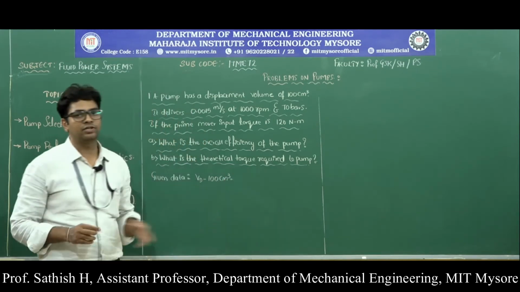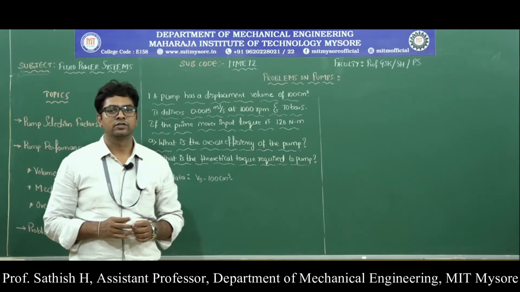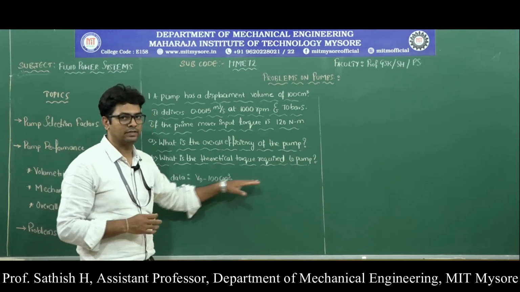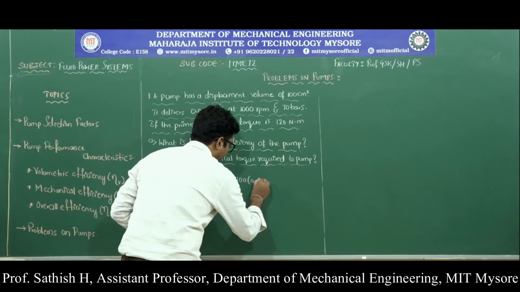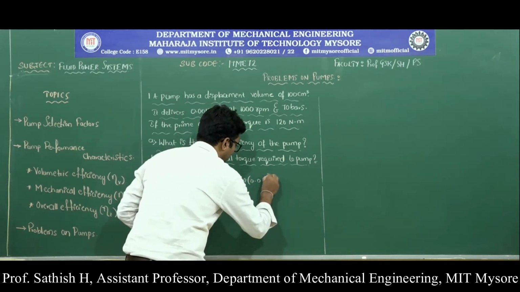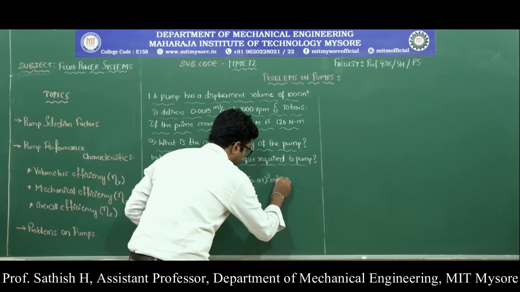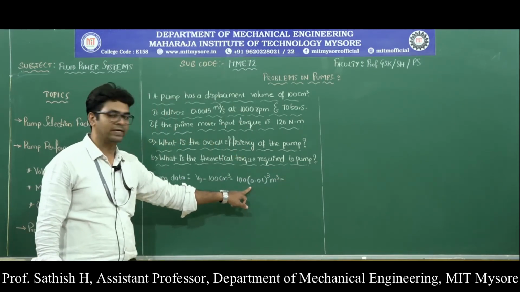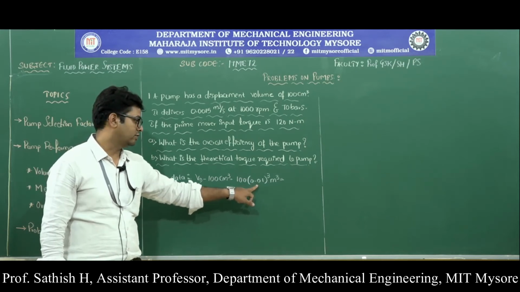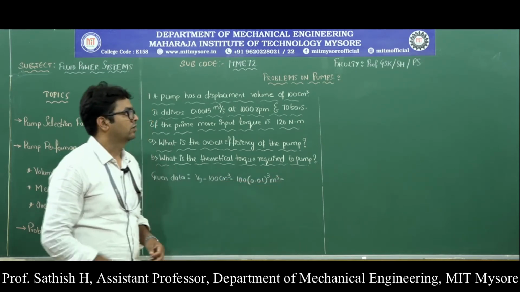We keep everything in terms of meters, so we convert this into meters, that is 100 into 0.01 whole cube, in meter cube, since 1 centimeter is equal to 10 to the power of minus 2 meters.